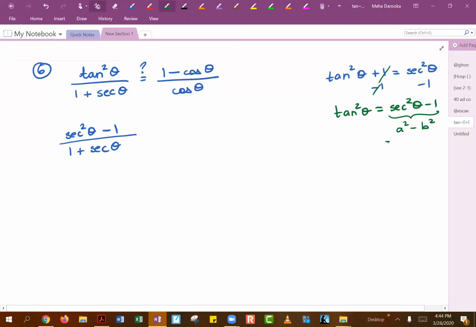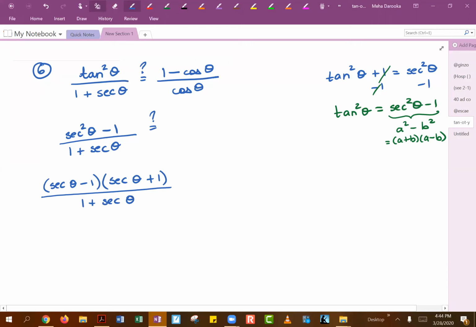So you can factor that into a plus b, a minus b. So by factoring our numerator, you will get secant theta minus 1 multiplied with secant theta plus 1. So that's your a minus b, a plus b, leave your denominator as it is.